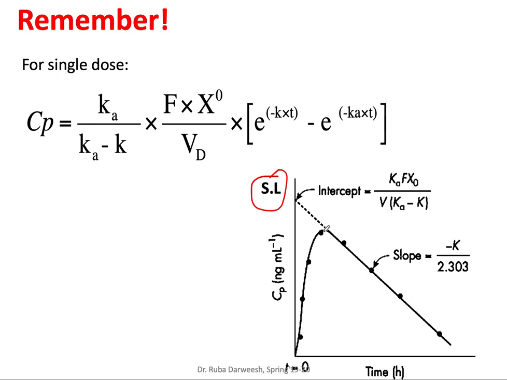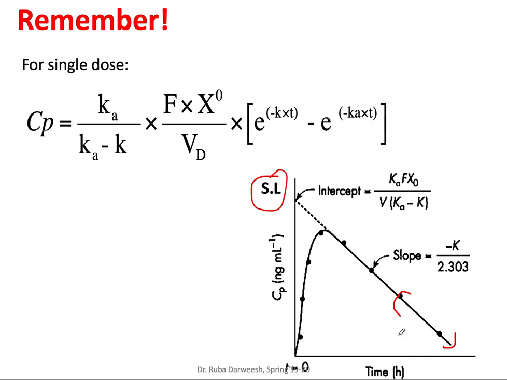Under conventional kinetics, or the normal common case, the absorption rate will be higher than the elimination rate in this phase. We will have the maximum, and then we will have an elimination rate that is higher than the absorption rate. Then when we talked about the terminal phase, it was a special case of the elimination phase in which the absorption rate is equal to 0.